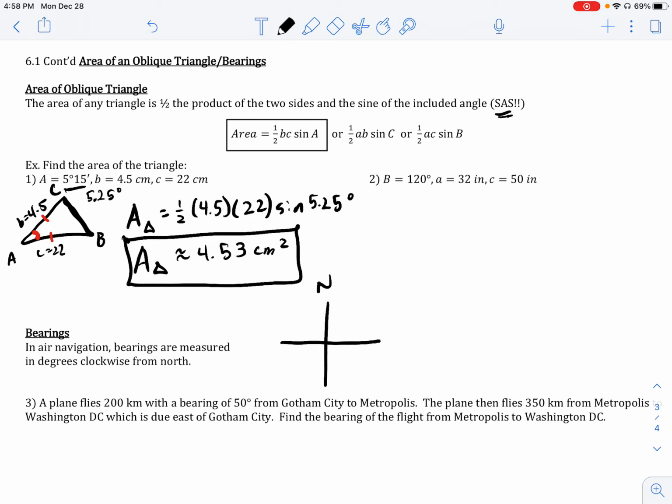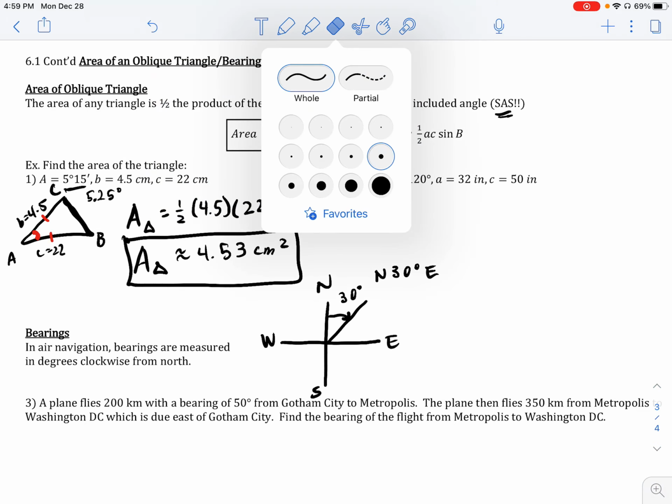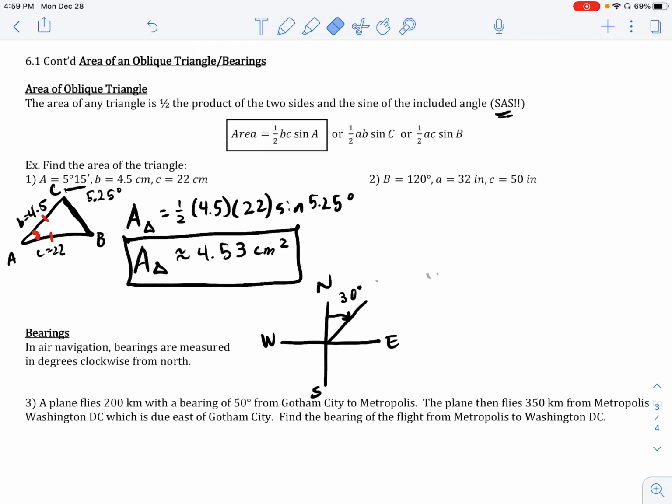So if this is north, east, south, west, we would say a bearing something like this, if this angle were 30 degrees, we would say north 30 degrees due east. This is typically how we've written bearings in this class. And if we have an angle that goes beyond 90 degrees, let me erase some of this here.